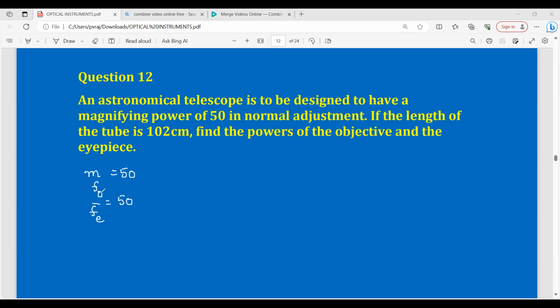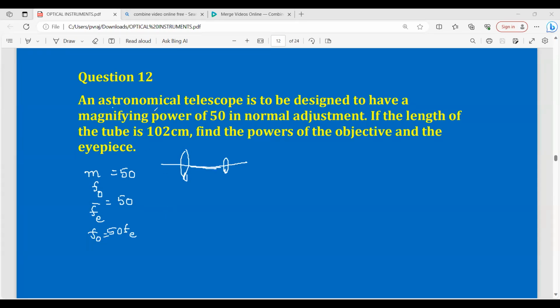That means the objective lens focal length is 50 times the eyepiece focal length. That is the information given in the first line. What next? If the length of the tube is 1 or 2 centimeters, if this is the diagram for the astronomical telescope, of course the first one's focal length is more than the second one. Objective focal length is more than the eyepiece. So this length is given as 1 or 2 centimeters.